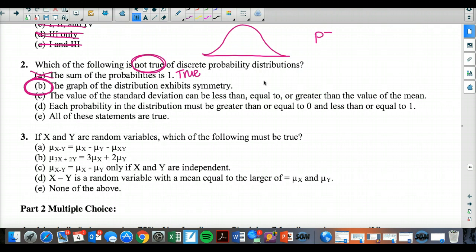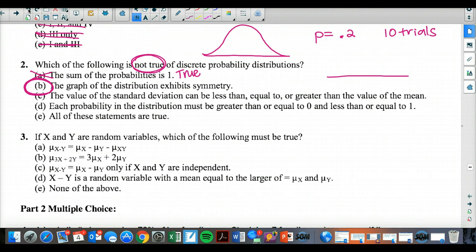Let's say the probability of winning is 0.2, and you're going to do 10 trials, right? So you would expect, if we did this, the shape to be weird.